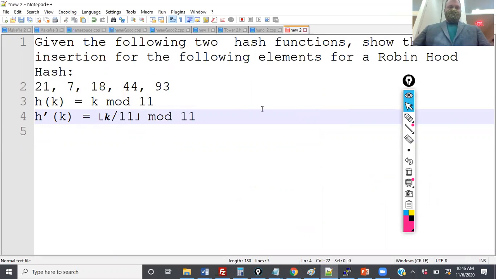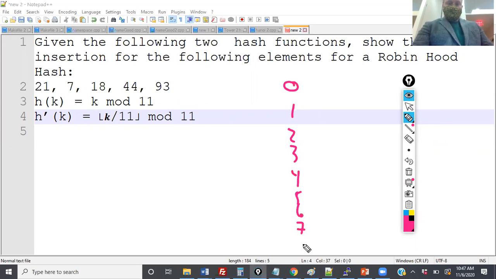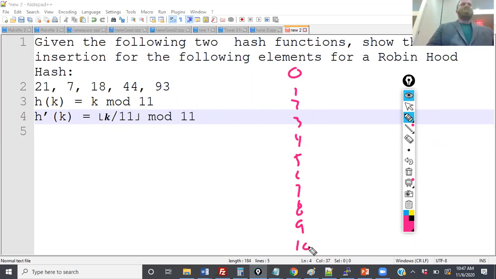So we'll say 21 mod 11 is going to give us 10. So we would have 0, 1, 2, 3, 4, 5, 6, 7, 8, 0, 1, 2, 3, 4, 5, 6, 7, 8, 9, and 10. So 21 mod 11 is going to give us 10.